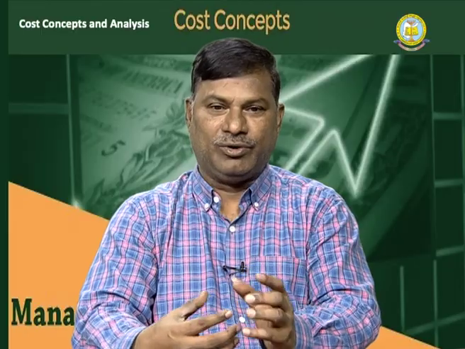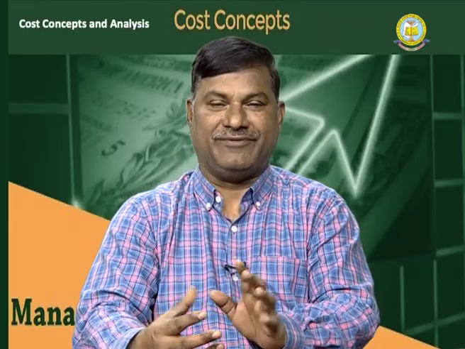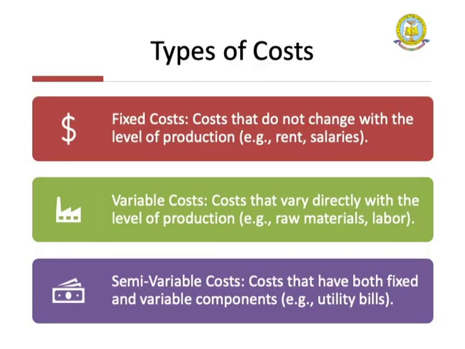Now, I would like to relate variable costs and fixed costs here. When you look at fixed costs, the total would not be changing, but the average fixed cost would be changing. How?